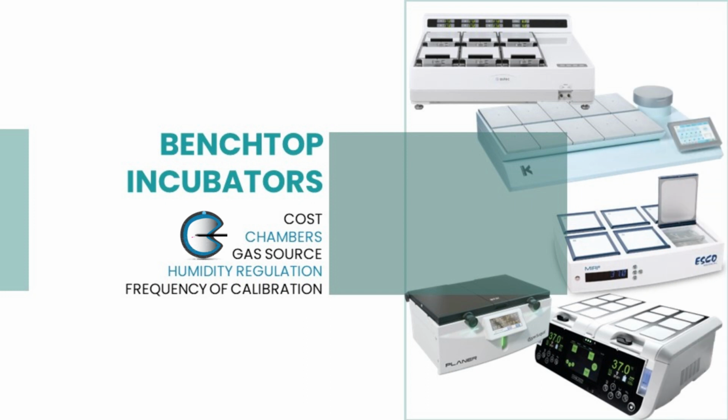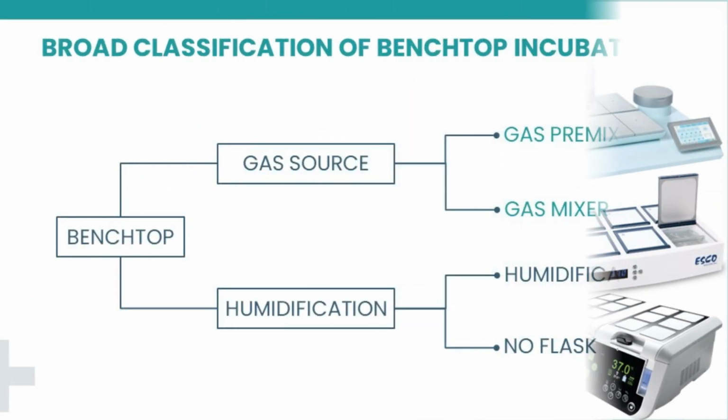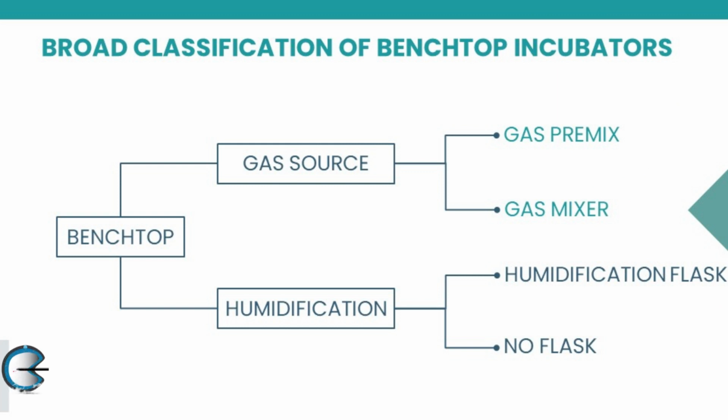Brings us to the next kind of incubator, which is a benchtop incubator. A broad classification of benchtop incubators would be based on the gas source and the humidification system. So the types of gas source option for a benchtop incubator would be either a gas premix or a gas mixer.